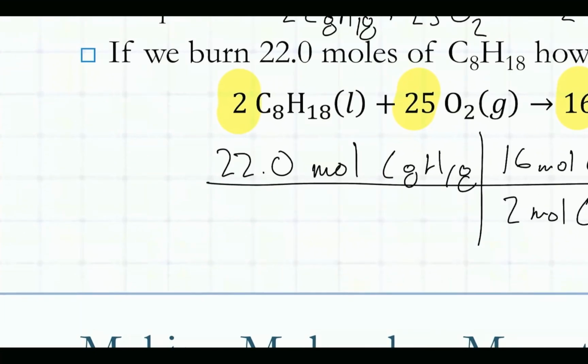So let's do 1.5 moles of C8H18. And this is what I was saying: the chemical equation is per molecule, but we scale it up to 1.5 moles, because that's 1.5 times 6.022 times 10 to the 23 molecules of octane.